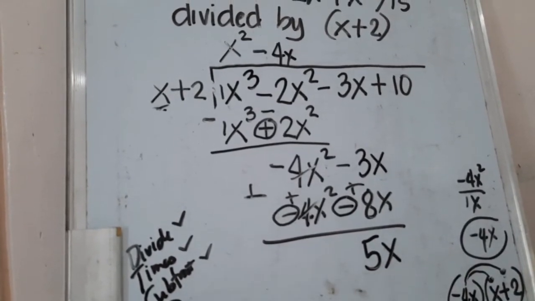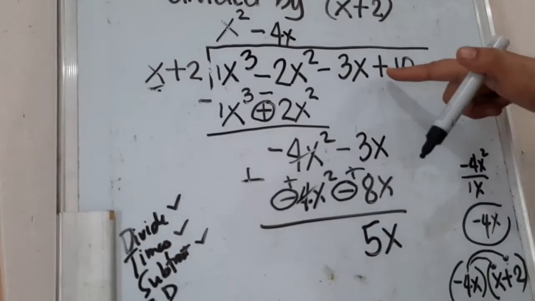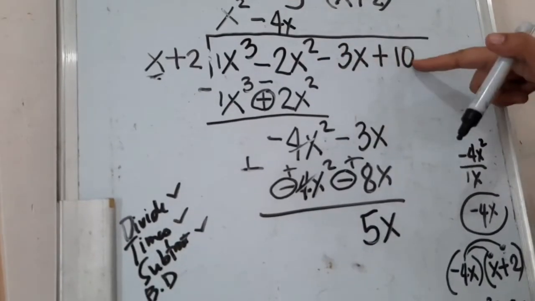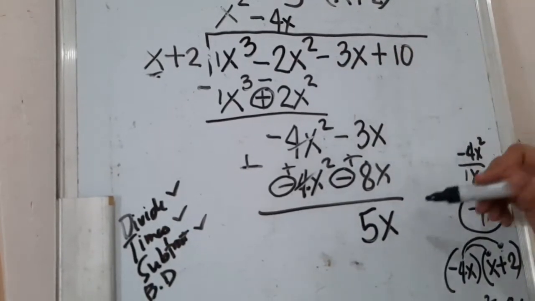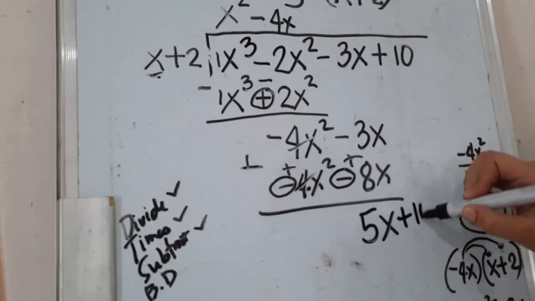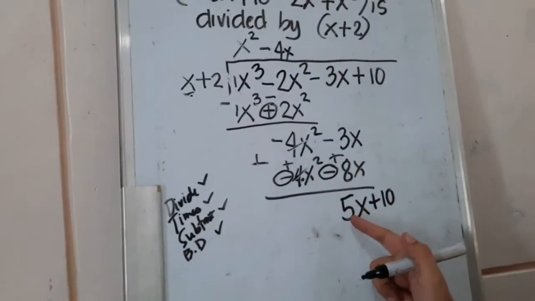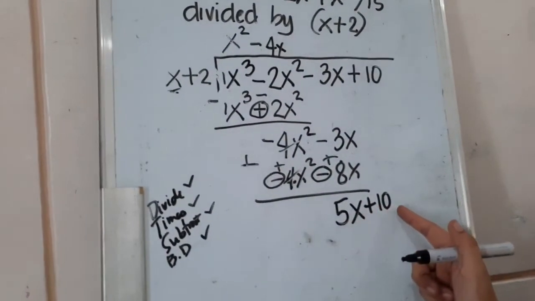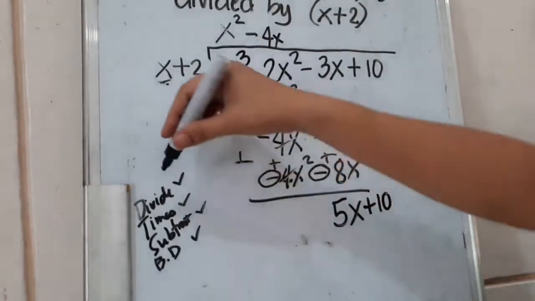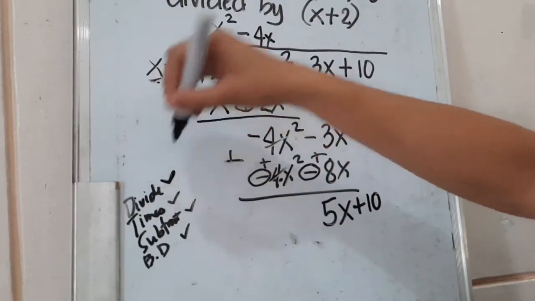After, we can do the bring down. Since we still have a term in our dividend, which is plus 10, we bring down plus 10. So we have already our dividend 5x plus 10. Going back to step 1, we are going to divide.